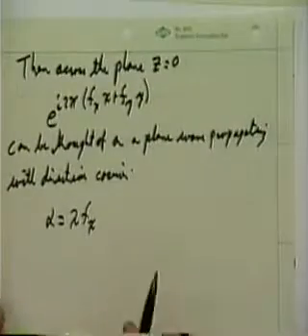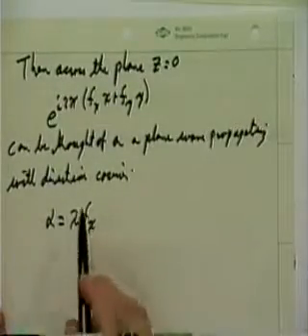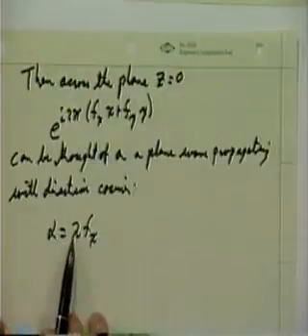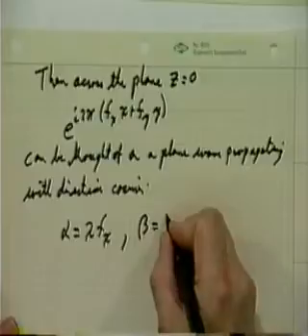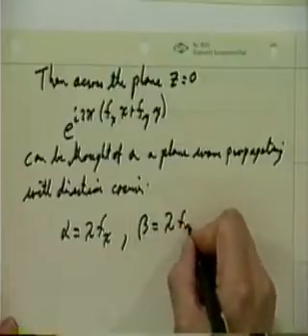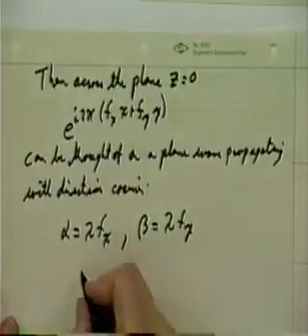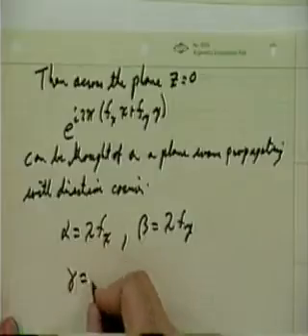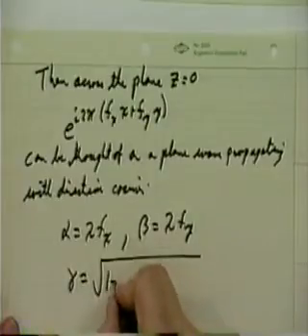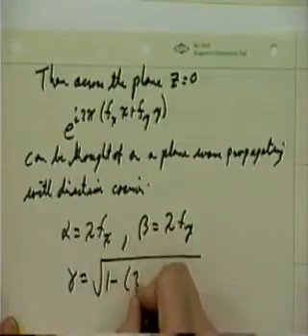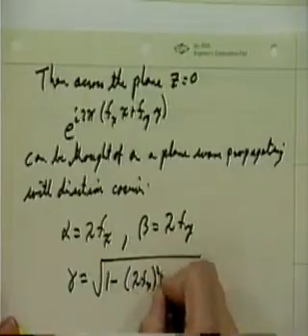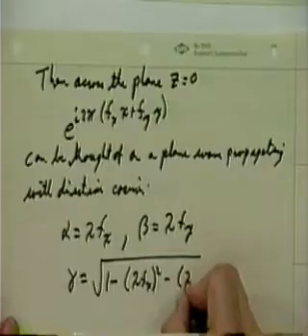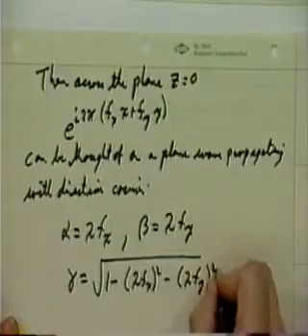Anyway, we put the k back in, and then we see that alpha must be lambda f sub x, beta is lambda f sub y, and gamma is the square root of 1 minus alpha squared, so 1 minus lambda f sub x squared minus lambda f sub y squared.